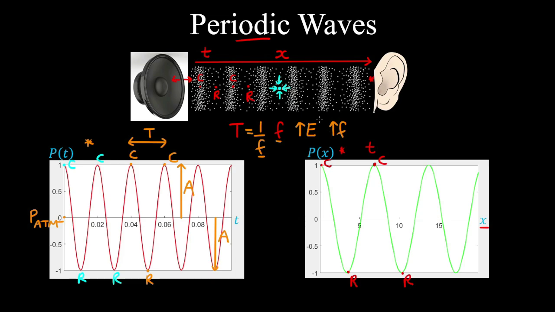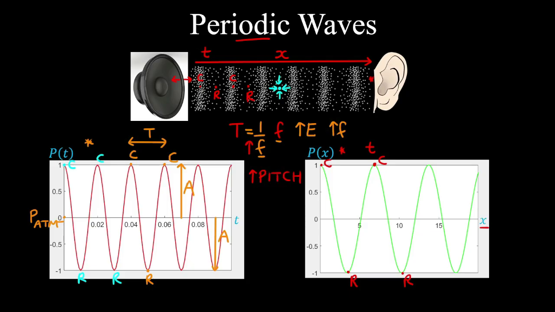So we saw this from the energy equation for a traveling wave on a string. And the higher the frequency of the sound, the higher the pitch. So it'll sound something like this. Whereas a low frequency sounds something like this.